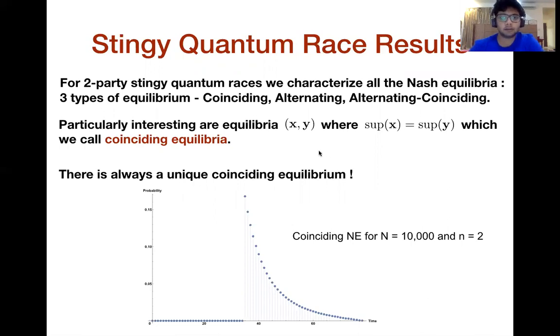And they are of 3 types: coinciding, alternating, coinciding. For this talk, we'll just focus on the coinciding equilibria, where the support of x and support of y are the same. So for example, here is an illustration.